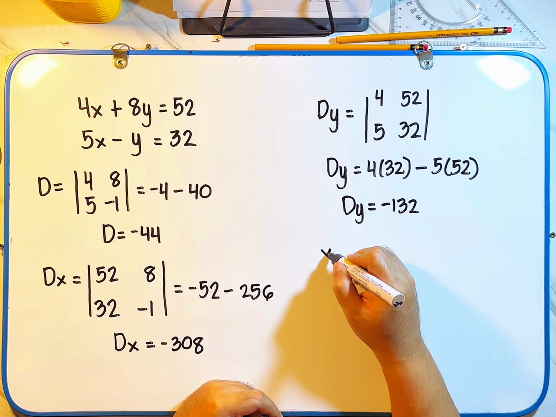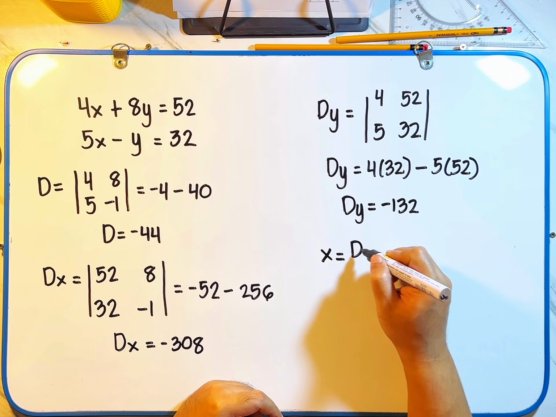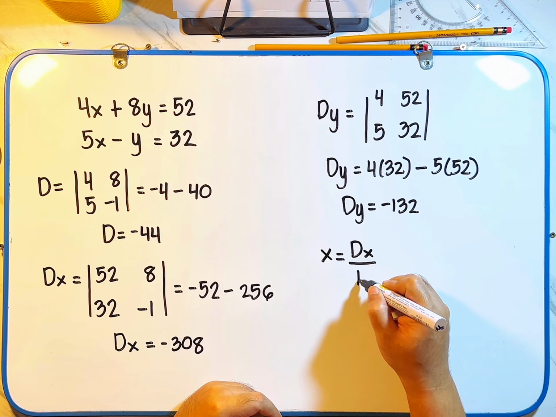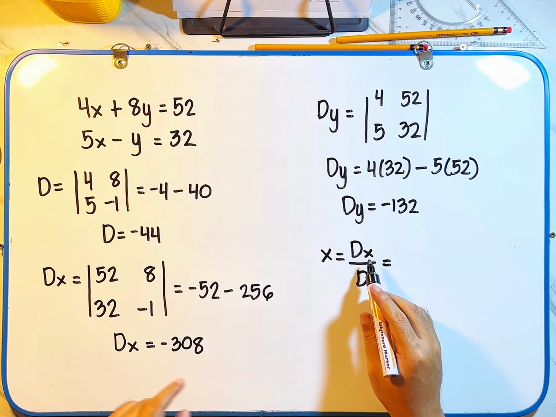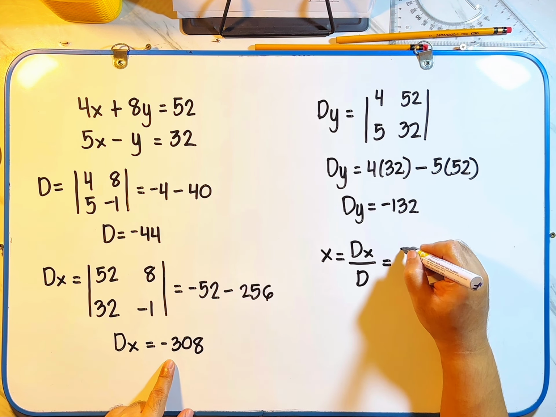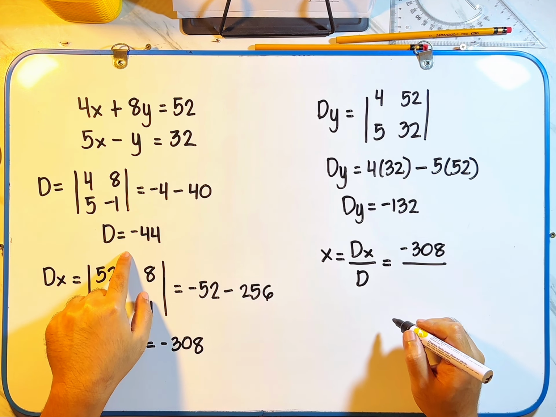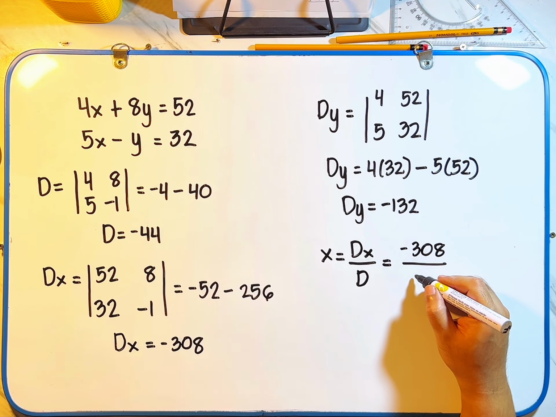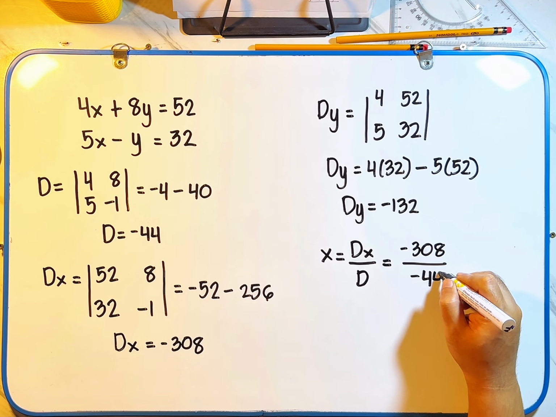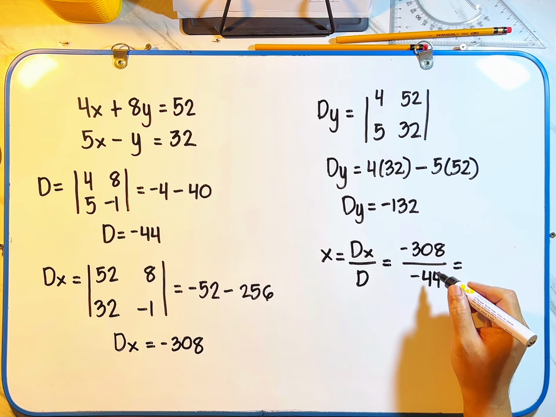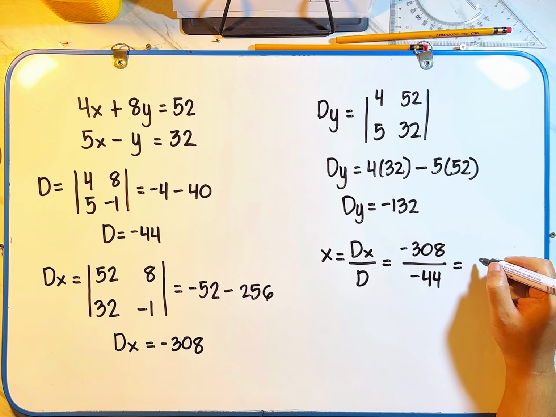Okay, now let's solve for x. X is dx over d. Dx is negative 308, while d is equal to negative 44. Negative 308 divided by negative 44, that is positive 7.